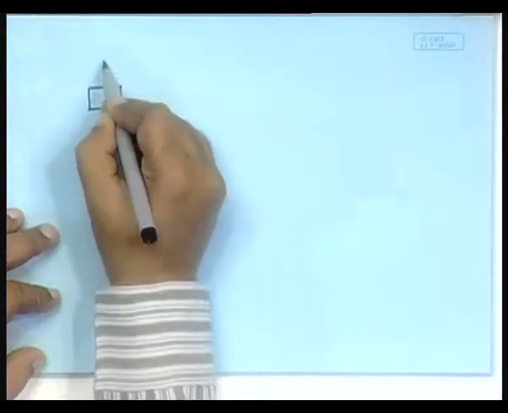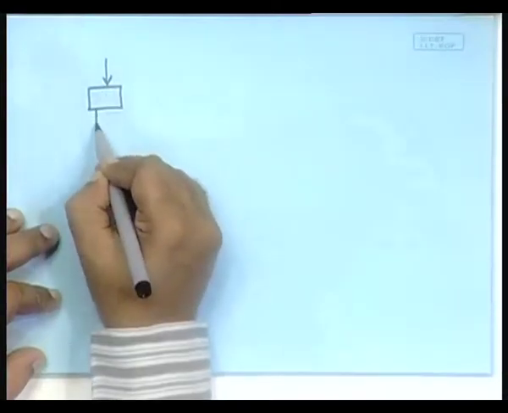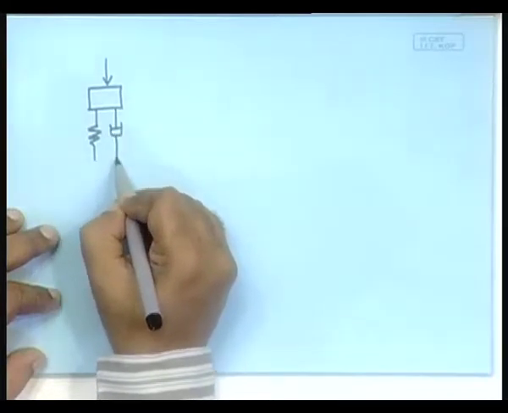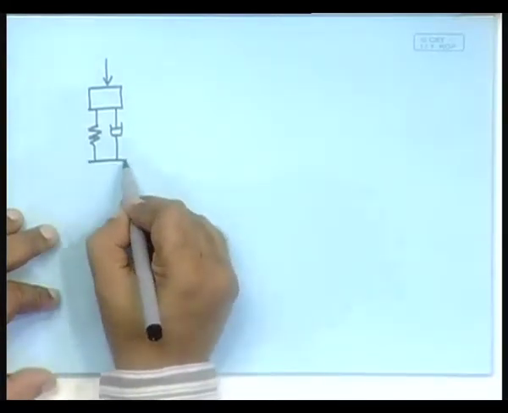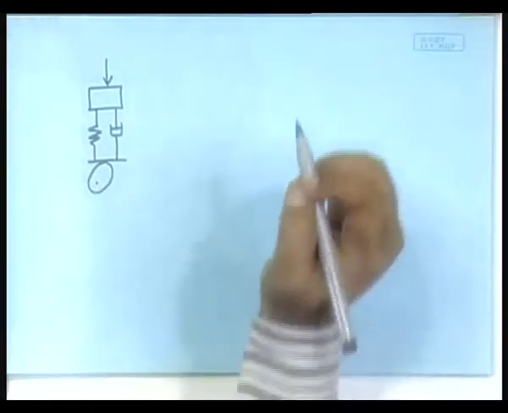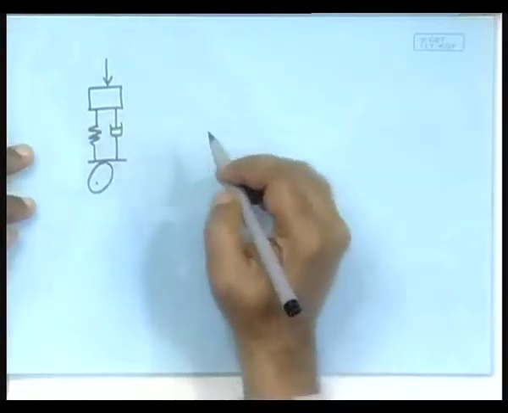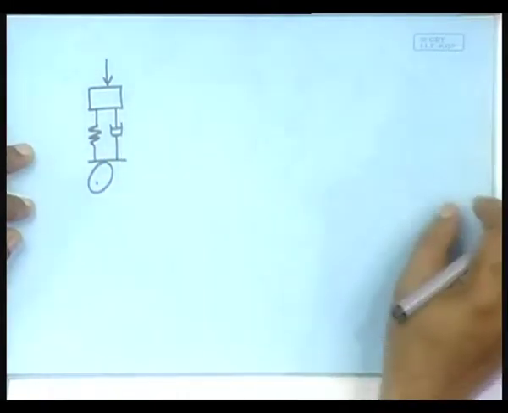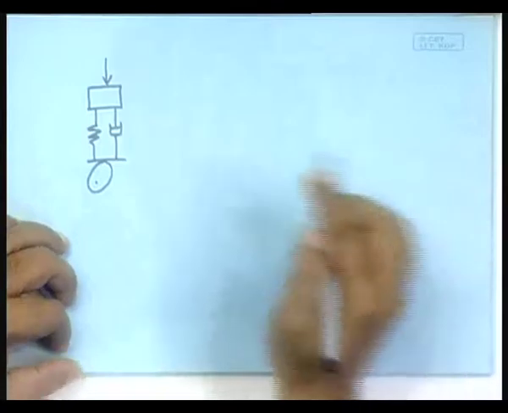Let us start with the mechanical example that we have already seen. For this one we have already written the bond graph as this. Again I am just repeating, I am not deriving the whole thing because you have already done that.